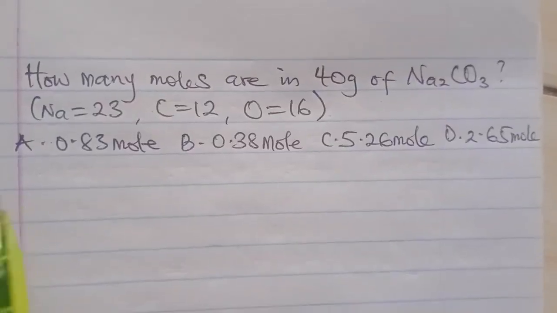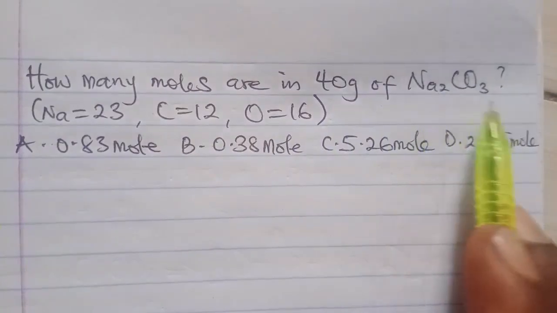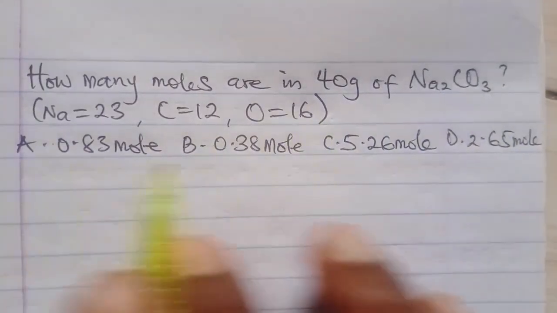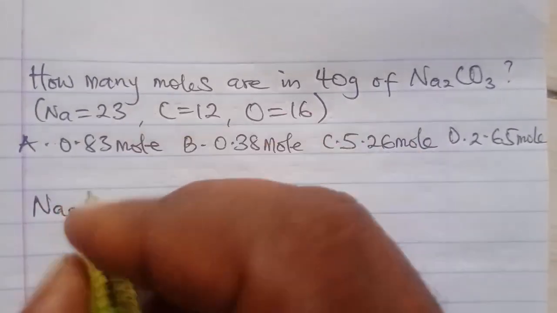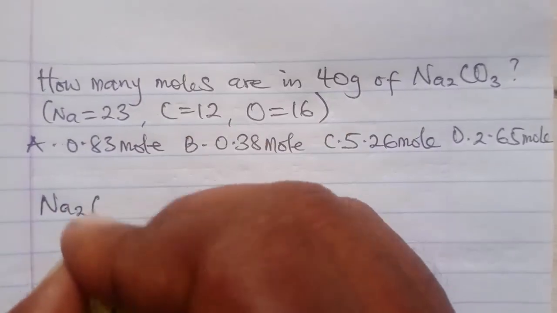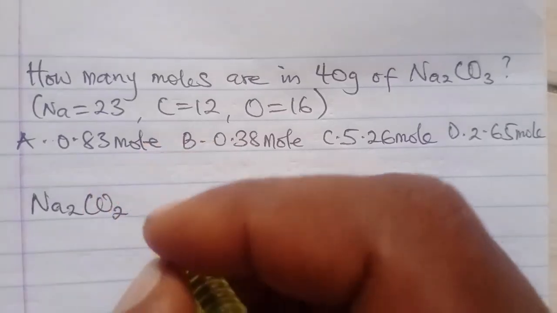Now, this other question says, how many moles are in 40 grams of sodium carbonate? These are the options given to us. Sodium carbonate is a strong base that is soluble in water, and it also has a cooling alkaline taste.